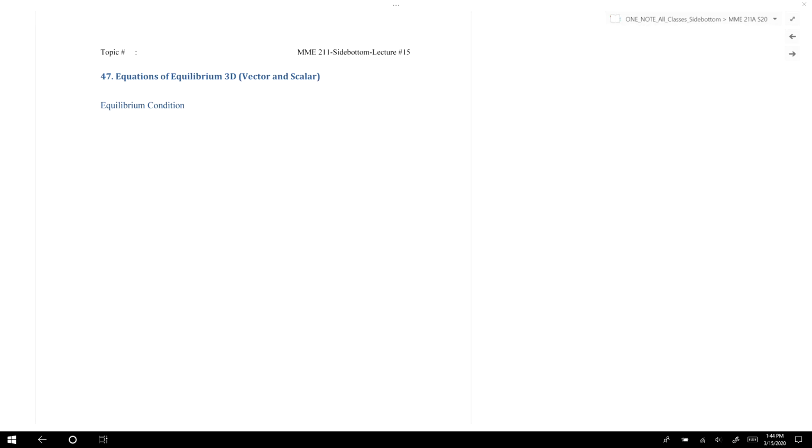We defined equilibrium at the start of this chapter as the resultant force, defined as the sum of all the forces acting on a rigid body, being equal to 0, and our resultant moment about any point on the rigid body, which is equal to the sum of all their moments about that point, plus the sum of any couple moments applied to the rigid body, being equal to 0. Then the rigid body is at equilibrium.